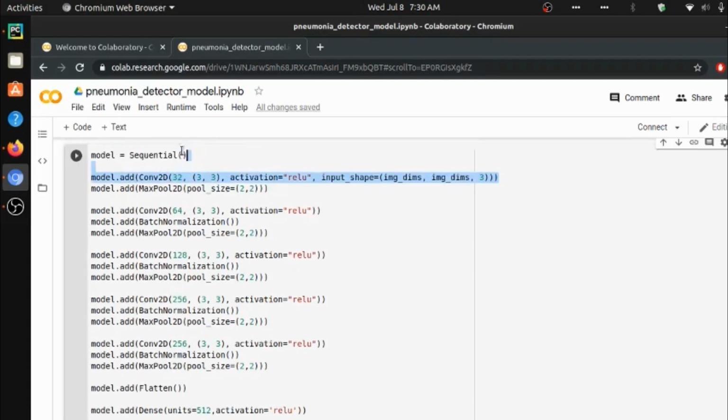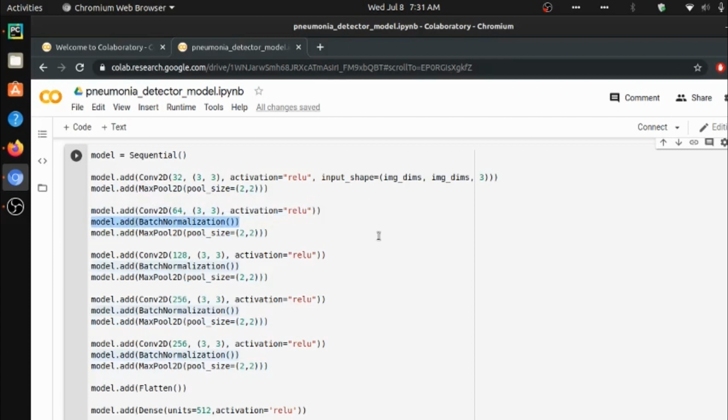So the convolution layer is basically the layer that extracts features. The max pooling layer is used in order to reduce the size of the image, so that the model trains much faster and in a much more efficient manner. Another layer used is batch normalization.